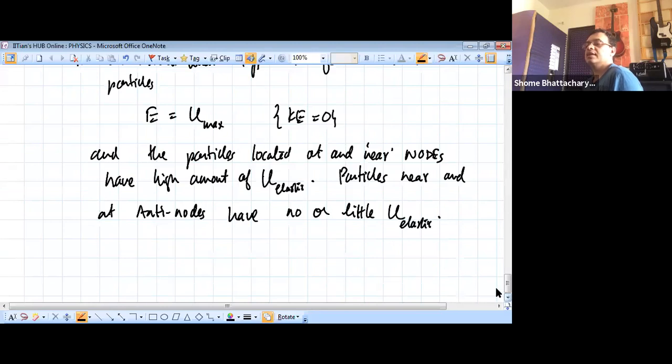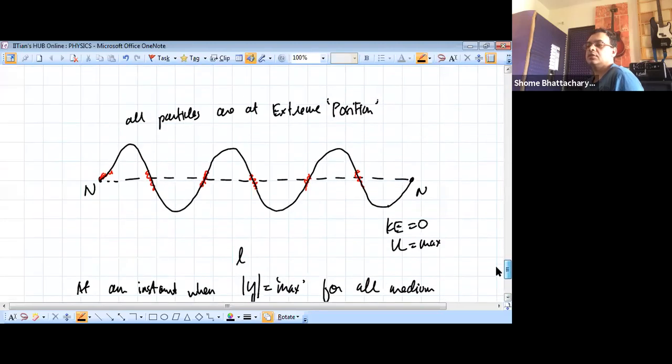So the energy is localized around the nodes, as you can see.